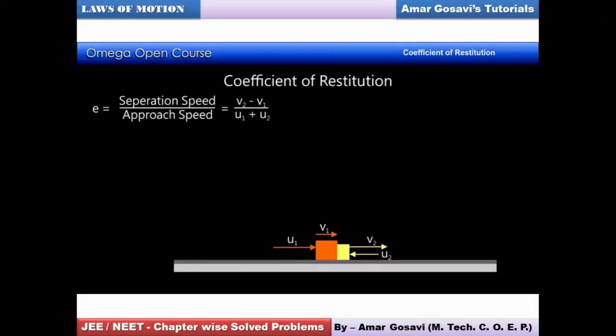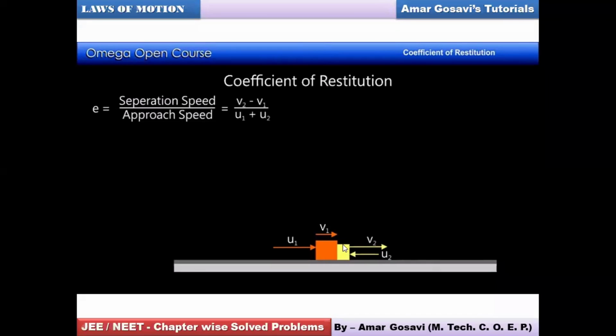Then after collision, because u1 was greater, the entire system started moving in this direction with final velocity v1 for this orange block, and for the yellow block it is v2.